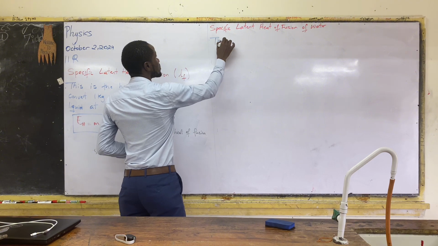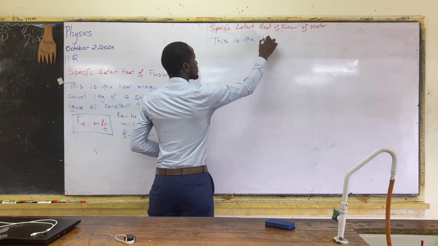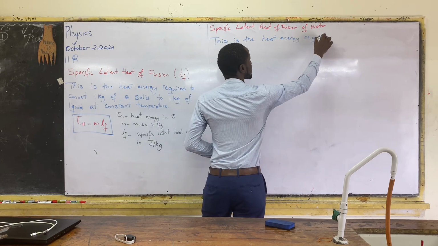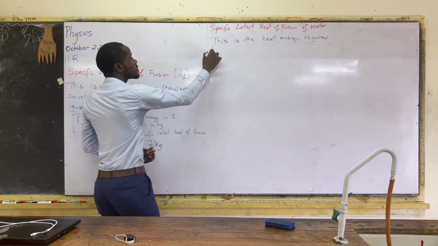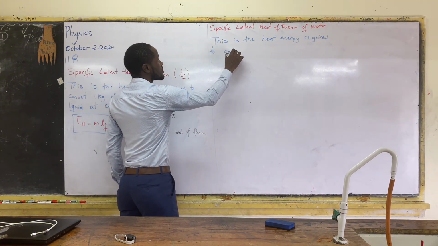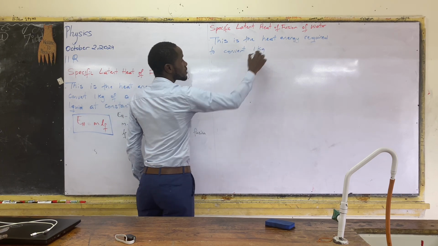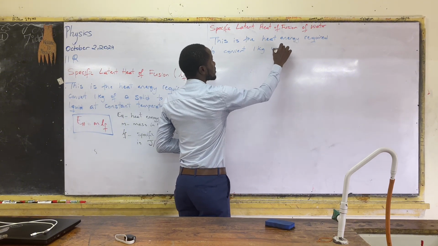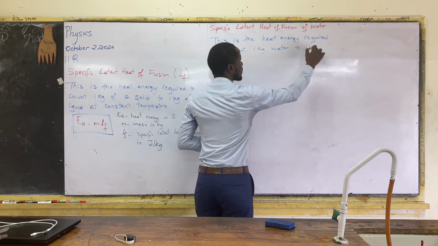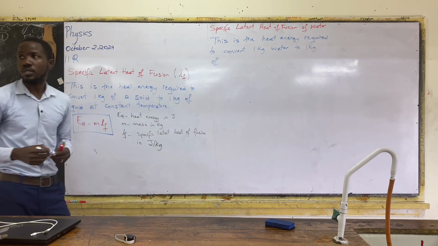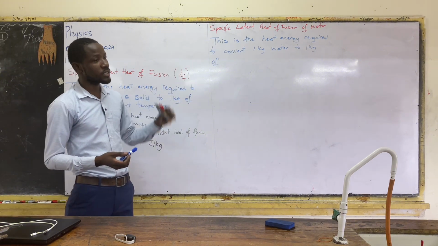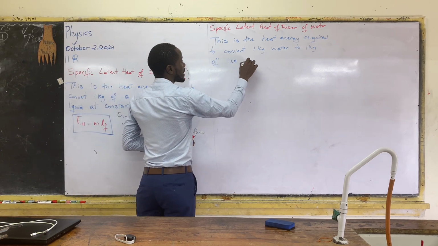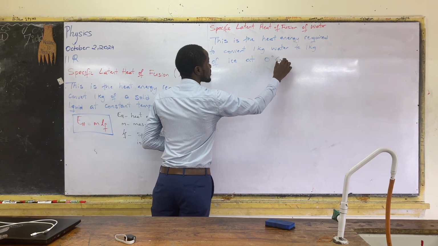So this is the heat energy required to convert 1 kilogram of water, a liquid, to 1 kilogram of solid, which is ice, at 0 degrees Celsius.